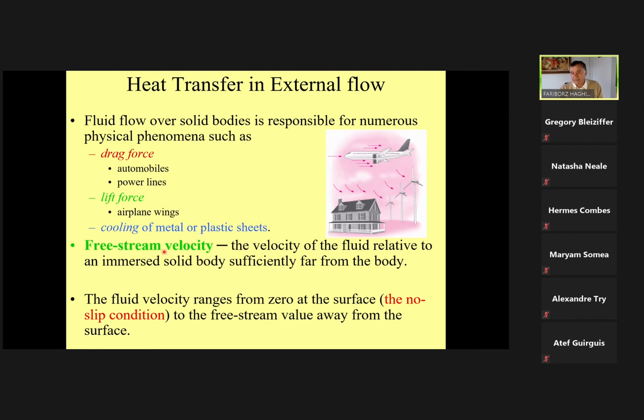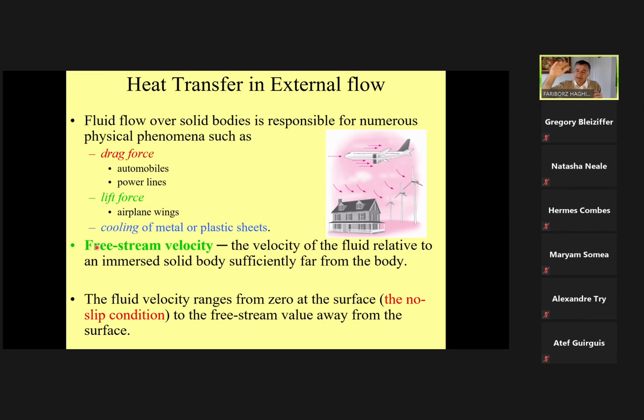We also have some idea what the free stream velocity is. This is very important to understand because we always use it as input for the calculation. This is the velocity before it comes into contact with the surface, and therefore the effect of the viscosity disappears. If you remember, below the boundary layer the velocity profile was changing.